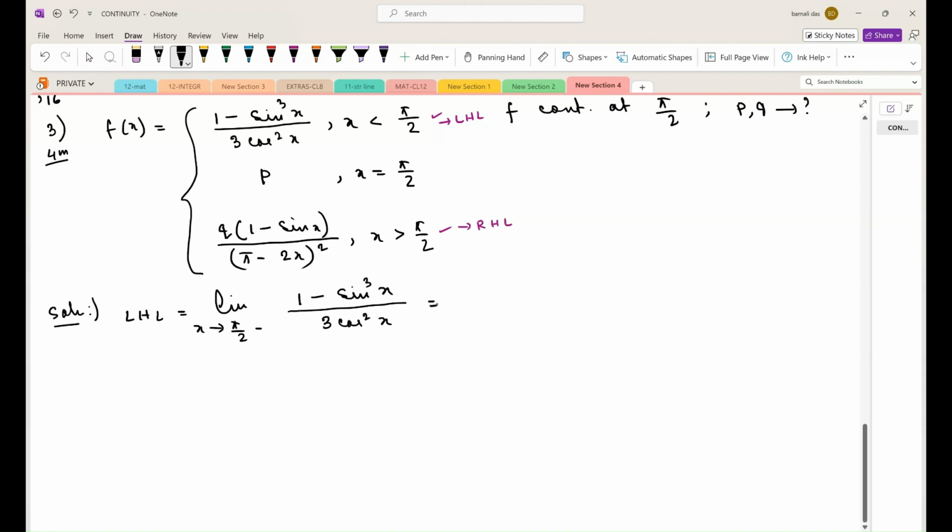So again, this reduces to calculation of this limit. So how do I do it? Let me do one thing. Instead of writing limit again and again, let me just copy this portion separately, and show how I simplify it. So 1 minus sine cube x by 3 cos square x.